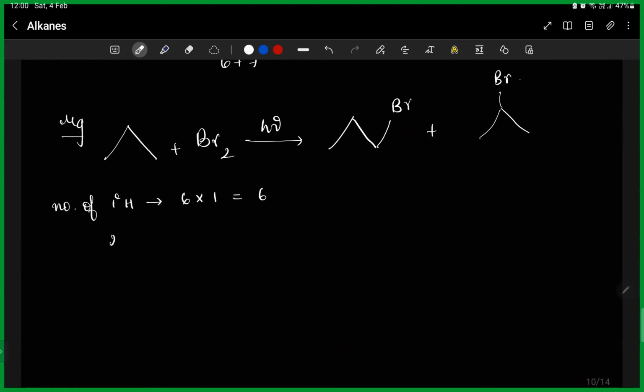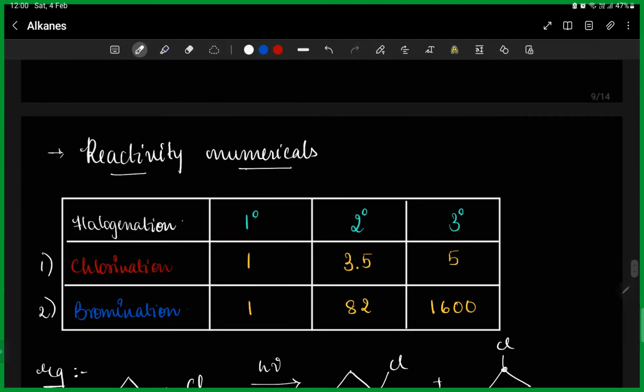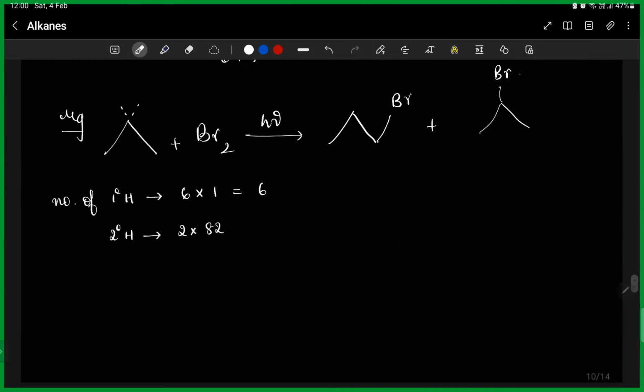So secondary hydrogen. In case of secondary hydrogen, how many secondary hydrogens we have? 2 secondary hydrogens. And then what is the reactivity of each secondary hydrogen? 82. We have seen in the table. It is 82. So we will do 2 into 82, which will be 164.